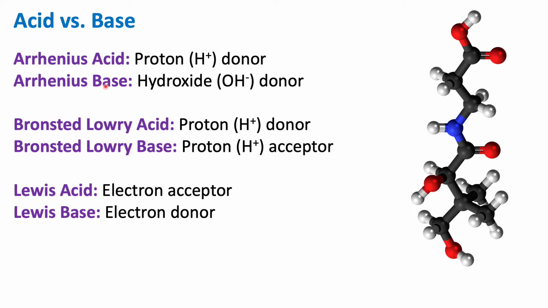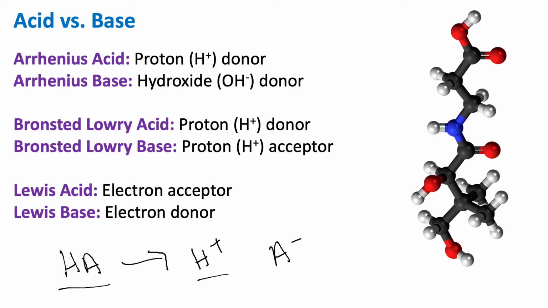An Arrhenius acid is defined as a proton donor. So this could be any molecule that will donate a proton. For example, if we have this general acid and it donates a proton, what's going to be left over is just A- and that proton over here.